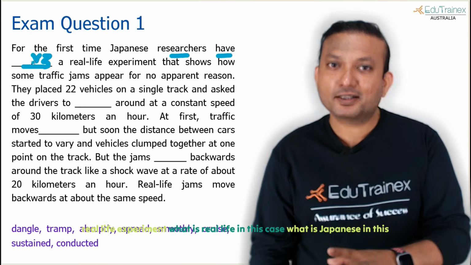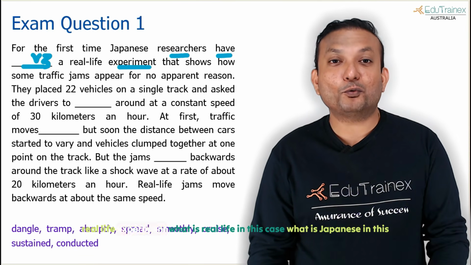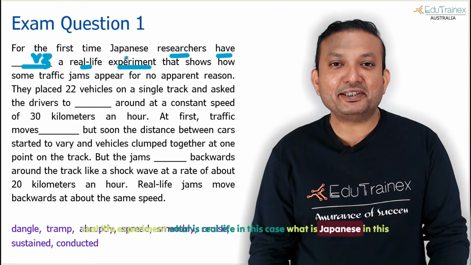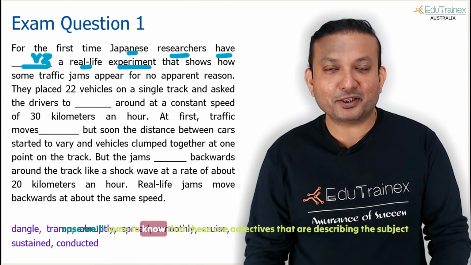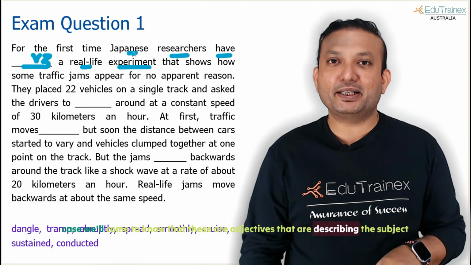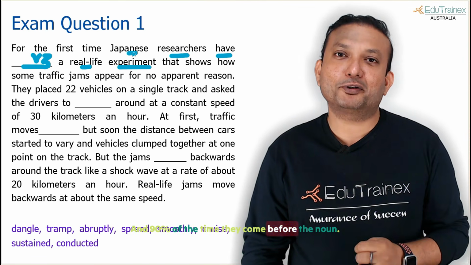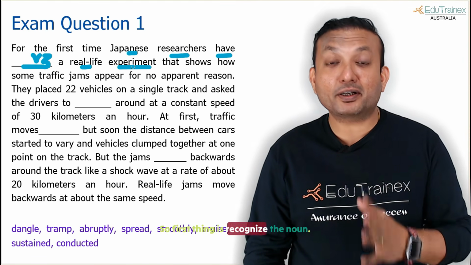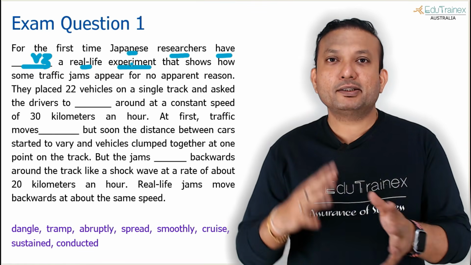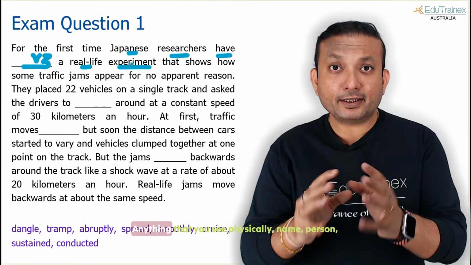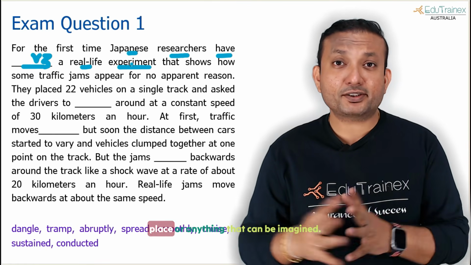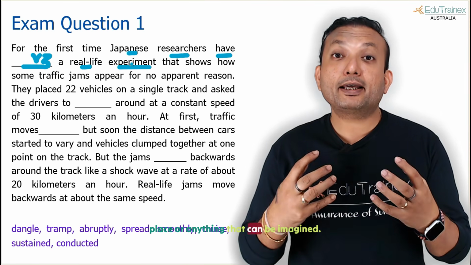Researchers, real life experiment. What is real life in this case? What is Japanese in this case? We'll come to know that these are adjectives that are describing the subject. And 90% of the time they come before the noun. So the first thing is to recognize the noun. What is a noun? Anything that you see physically, a name, person, place, or anything that can be imagined.